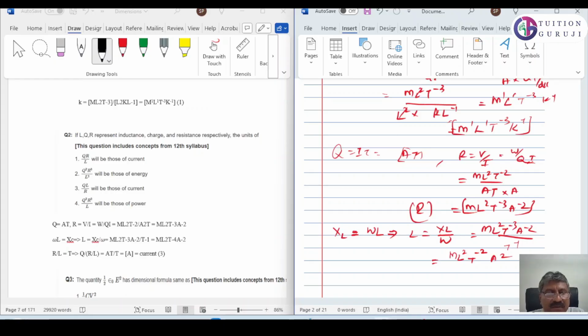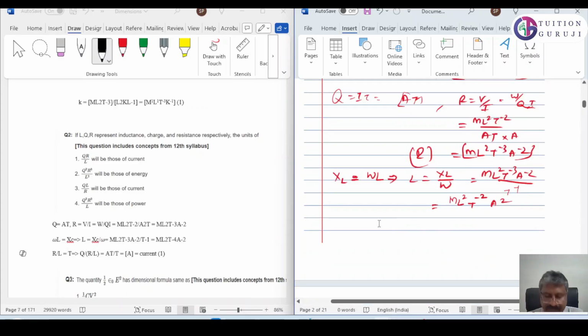But what we want to find out is L, Q, R representing inductance, charge, and resistance respectively. The units of Q into R by L will be those of current. Now R by L: R we have calculated here.